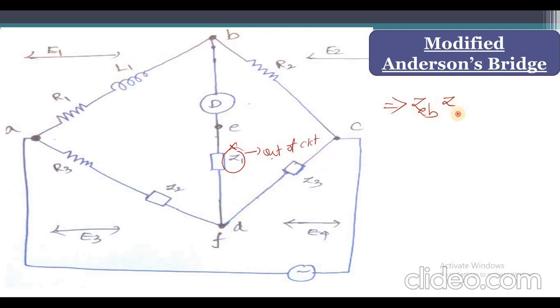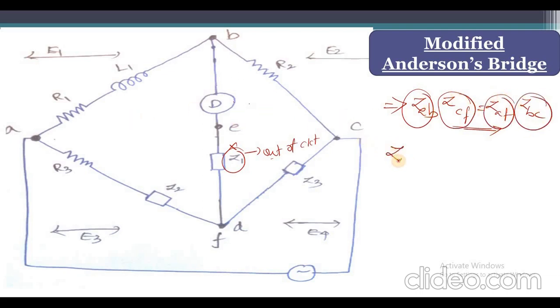So ZAB into ZCF is equal to ZAF into its opposite arm, which is BC, ZBC. That means AB opposite is CF, and AF opposite is BC. After that you have to consider the ZAB, ZCF, ZAF and ZBC expressions.